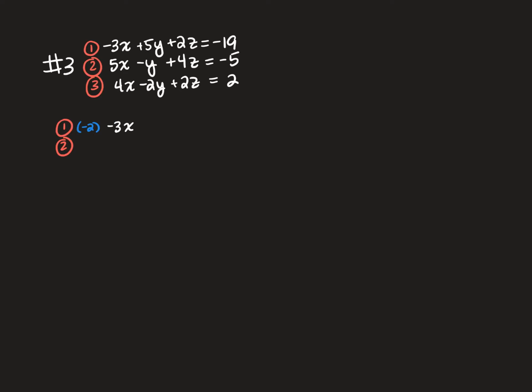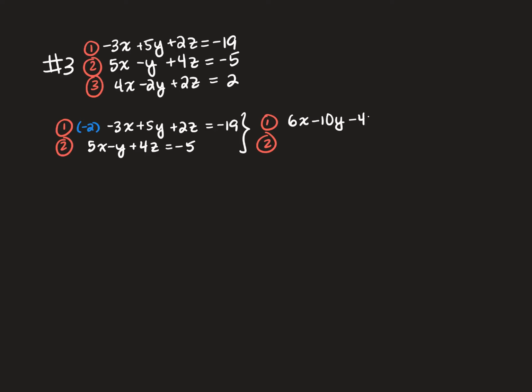All right, so here's what we would have. Just rewriting the equations right now, so we'll actually go through and do the multiplication here in a second. So when I multiply that top equation by -2, I'm going to get 6x minus 10y minus 4z equals positive 38.